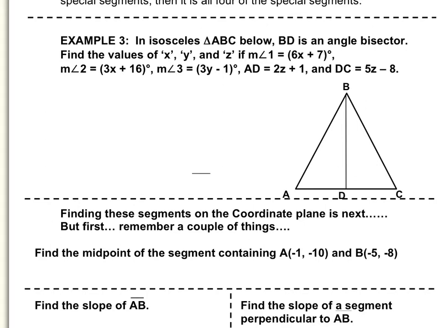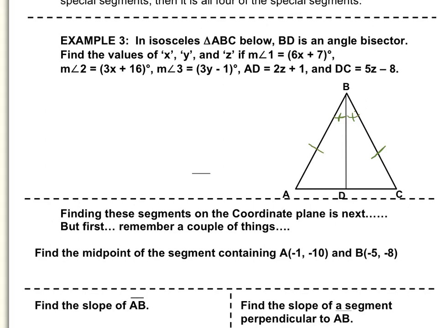So, I'm first going to draw on my picture what this tells me. I know that this is an isosceles triangle, so I know that AB and BC are equal. I also know that BD is an angle bisector. That means that these two angles are congruent. Now, if those two angles are congruent, I then know that this segment is actually a median, a perpendicular bisector, and an altitude.